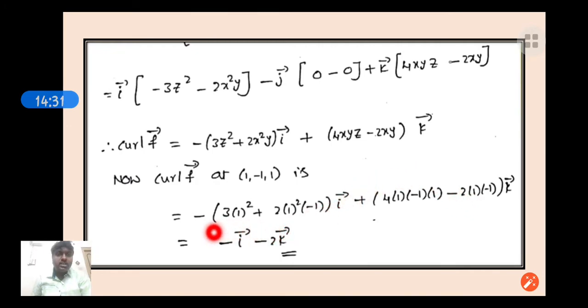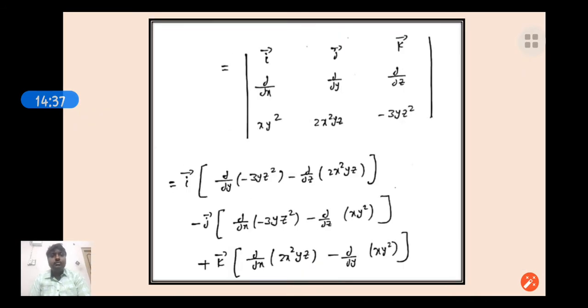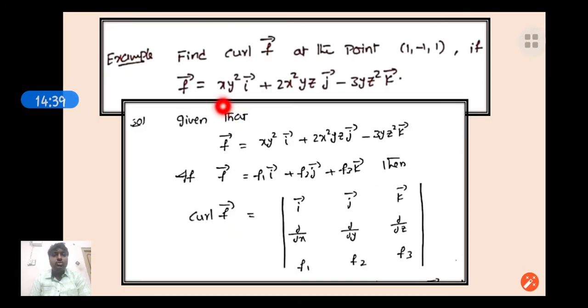So the resultant is minus i bar minus 2 k bar. Whenever they give a vector point function f bar, we can calculate curl f bar at the given point. This is the way we can calculate the curl of a vector point function.